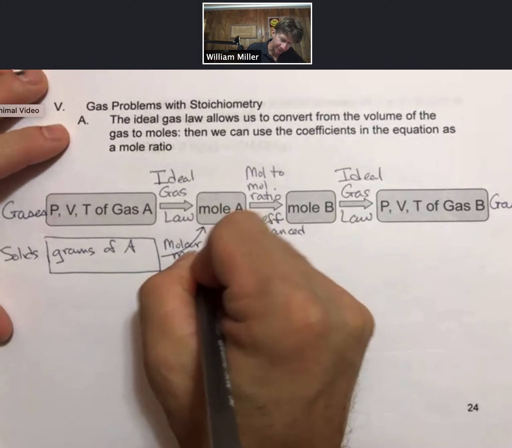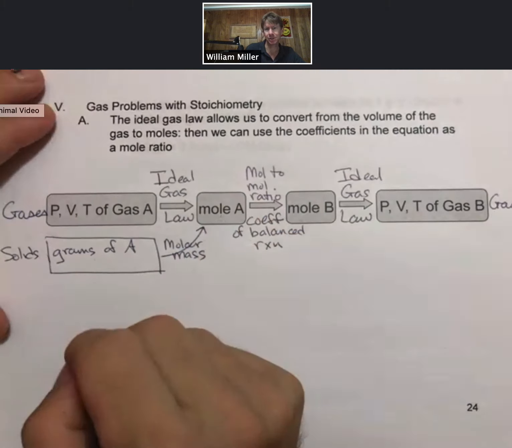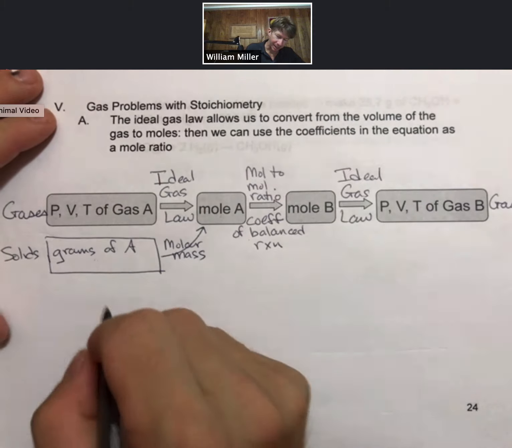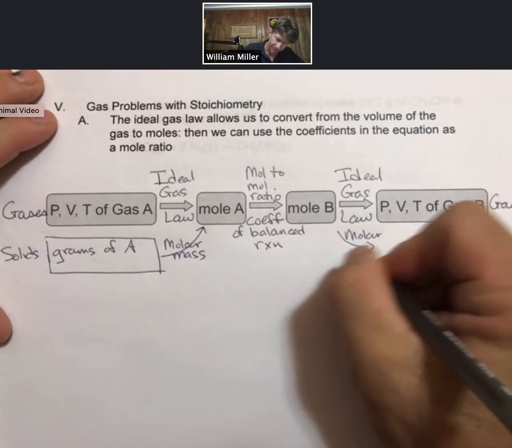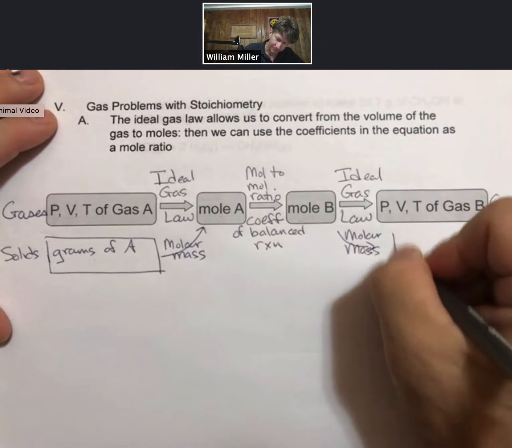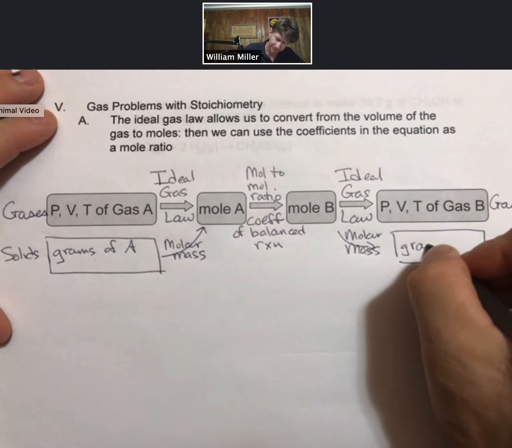So it has units of grams per mole, and that allows us to change the units. And on the other side, we can do the same thing. We can use the molar mass to get to grams of B.